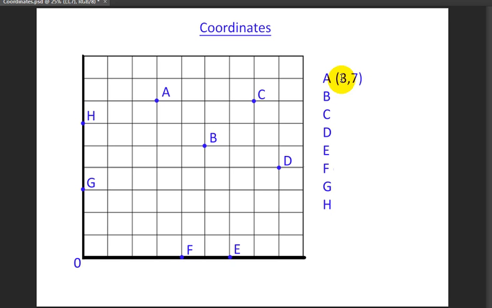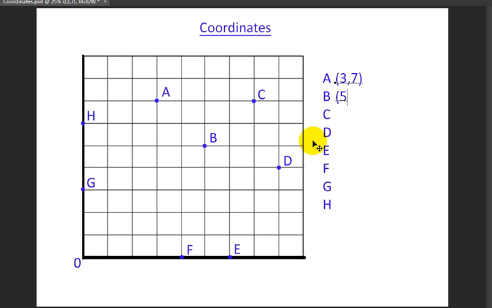Next up, we have point B. B is right here. To get to B, I need to go 1, 2, 3, 4, 5, and then 1, 2, 3, 4, 5. All right.